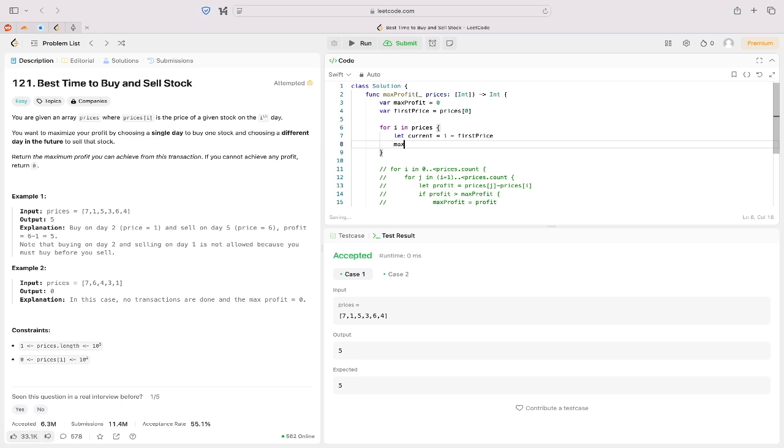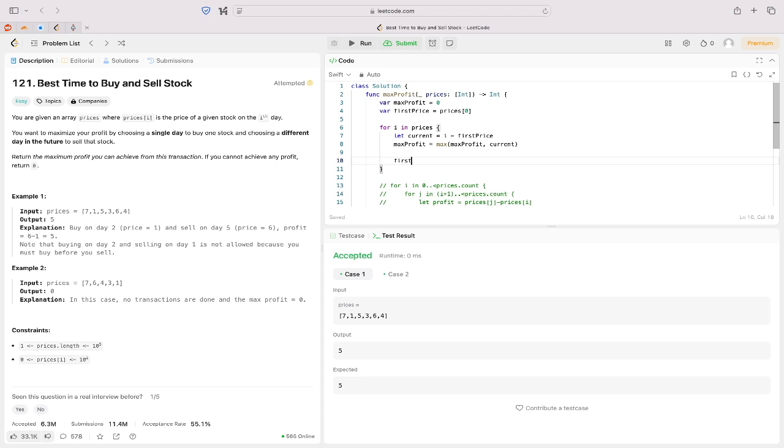We'll set our max profit to the biggest between our current and then our old max profit. So if that's it, we also need to update our first price the same way.